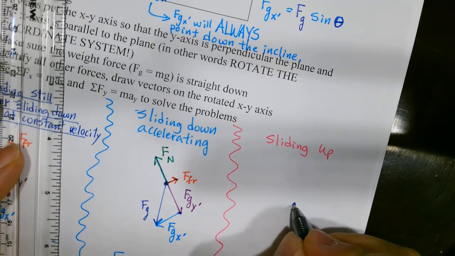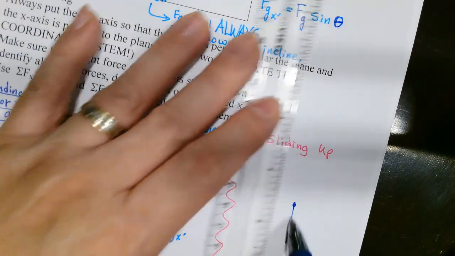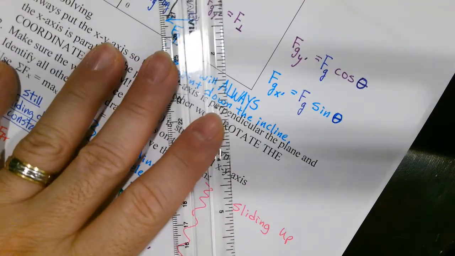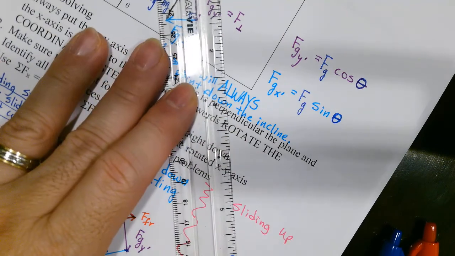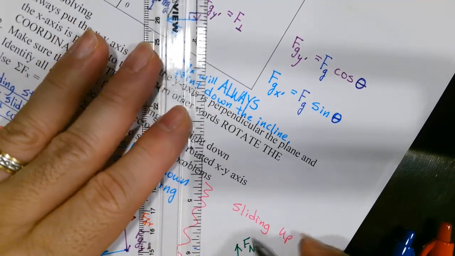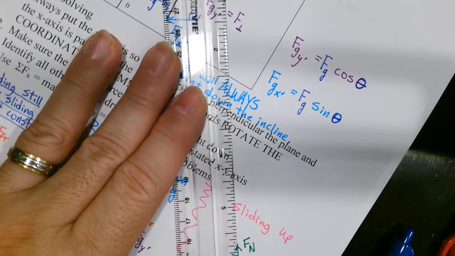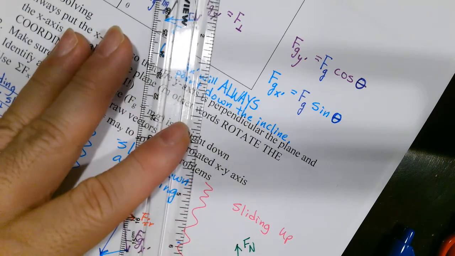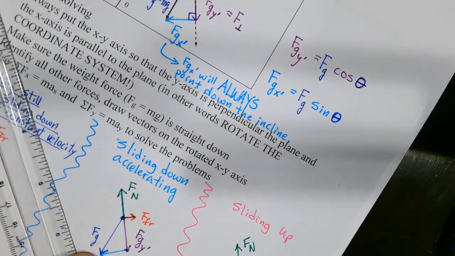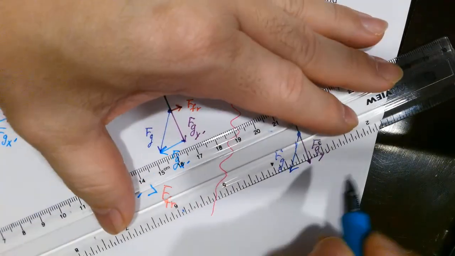Because here's my FG. Here is my F normal. And here is my FGY prime. And here's my FGX prime.